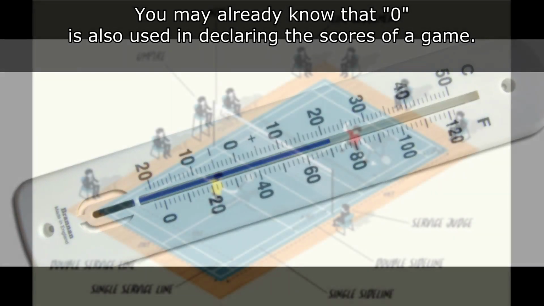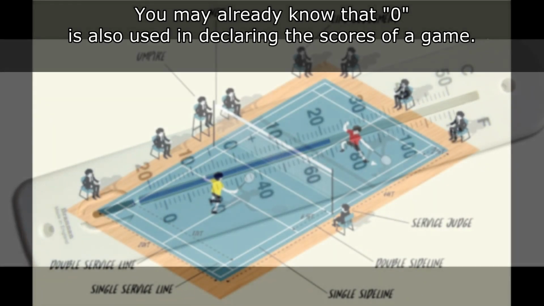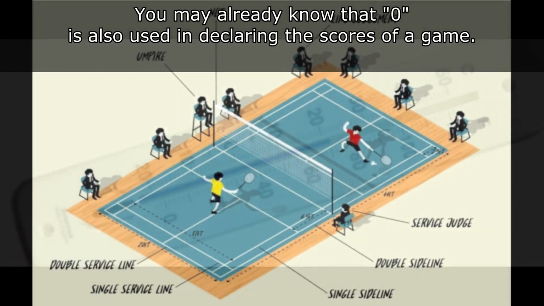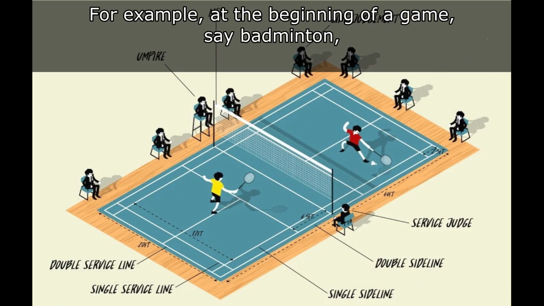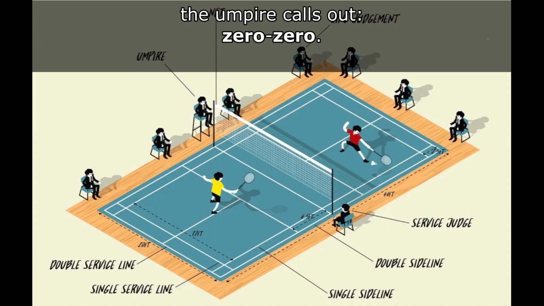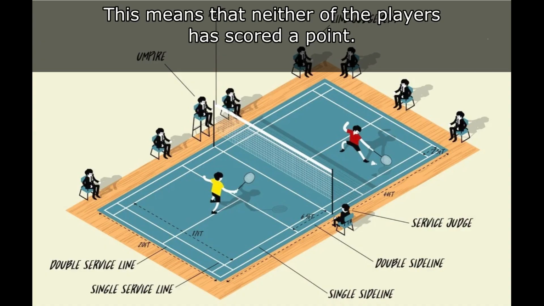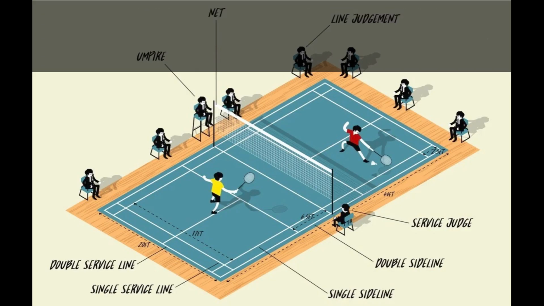You may already know that 0 is also used in declaring the scores of a game. For example, at the beginning of a game, say badminton, the umpire calls out 0-0. This means that neither of the players has scored a point.